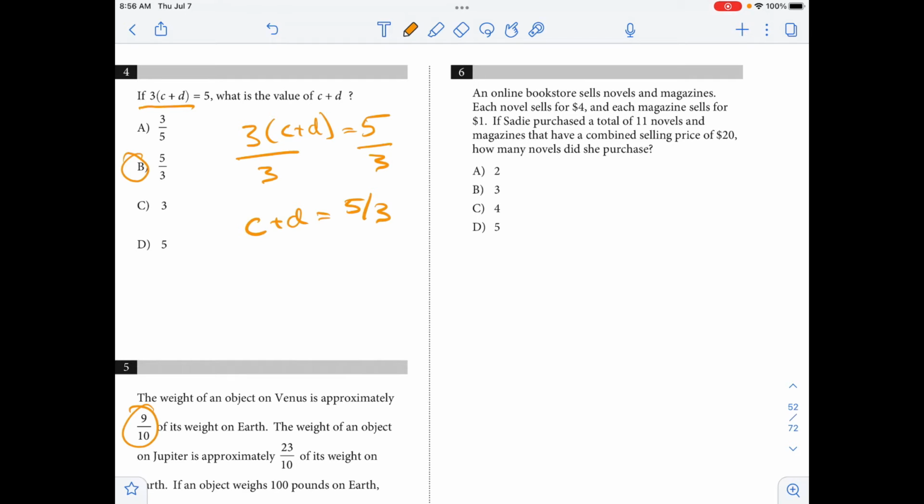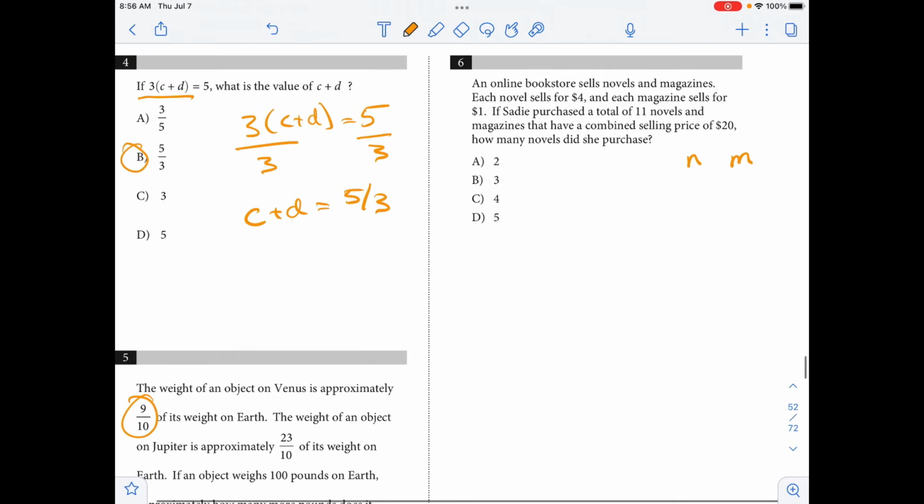If we say the novel is N and the magazine is M, we can set up our first equation: $4 for a novel, so 4 times N, plus $1 for a magazine, 1 times M, equals $20.